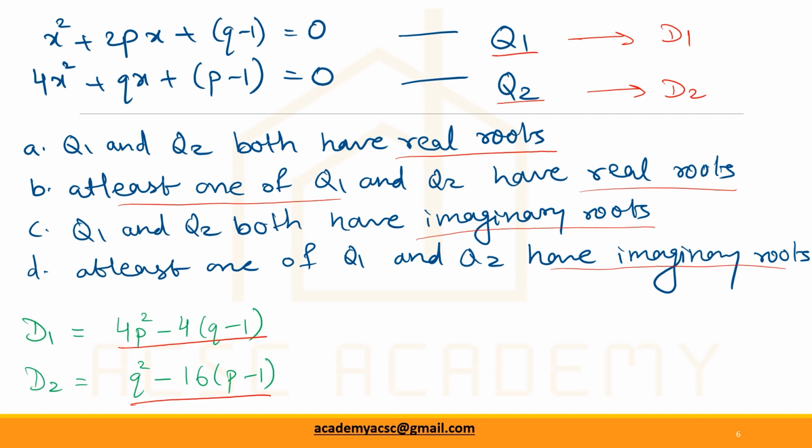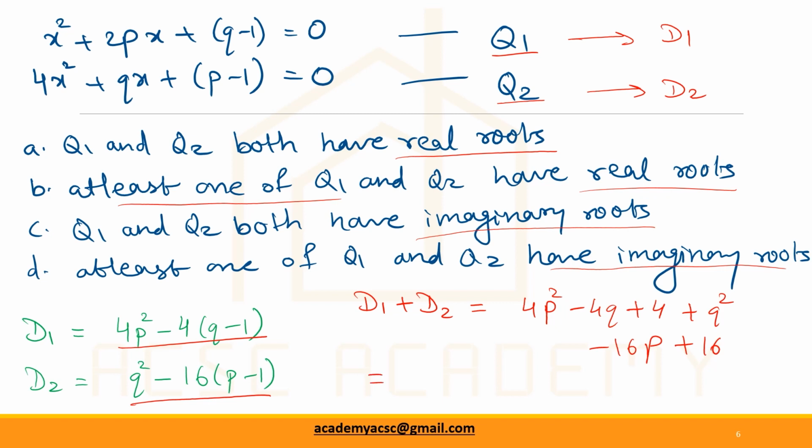So now what the question is expecting us to do is to use both d1 and d2 together. Then maybe we are in a better position to claim whether that thing is positive, negative, or 0. Let us simply try adding the two to see if we can get something in a better format. This will become 4p squared minus 4q plus 4 plus q squared minus 16p plus 16.